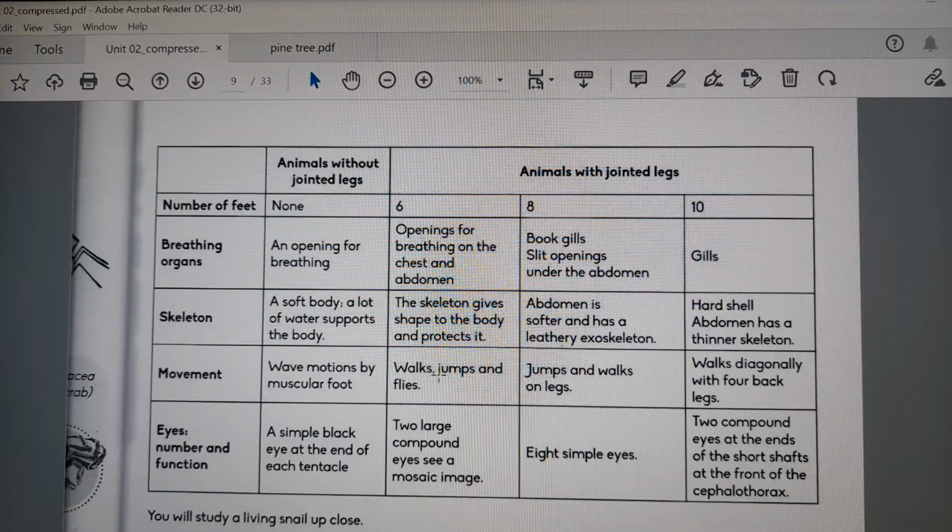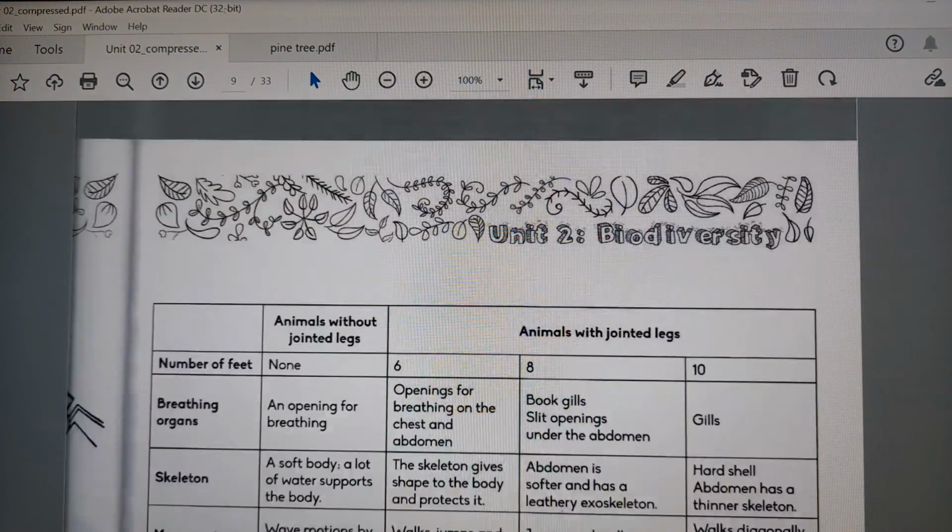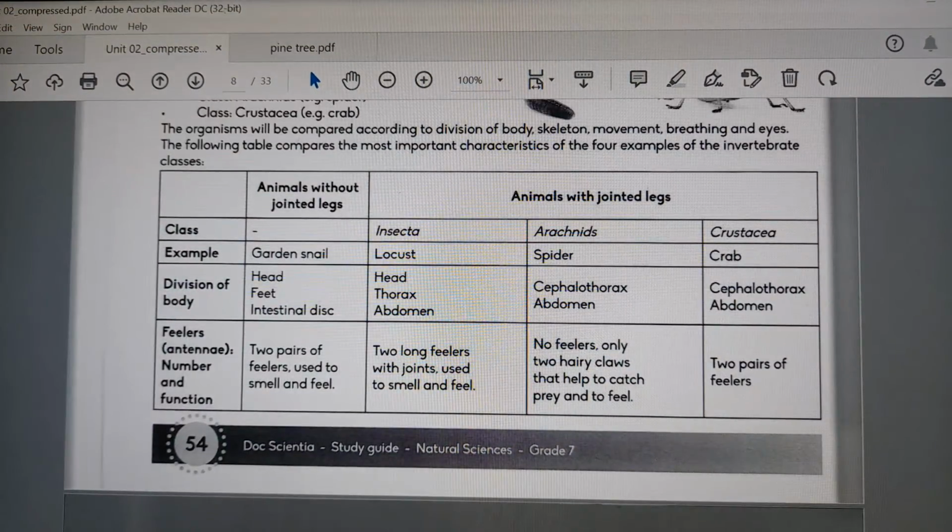Movement: the locust walks, jumps, and flies. And the eyes: it has two large compound eyes and sees a mosaic image. For this locust you don't have to know the diagram.